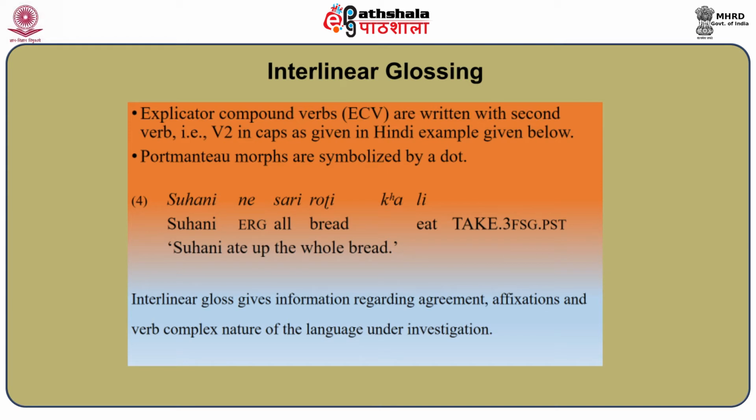Now the dot that we use in interlinear gloss generally depicts portmanteau morphs, that is, a morpheme which is multifunctional and has just a small phonetic shape.